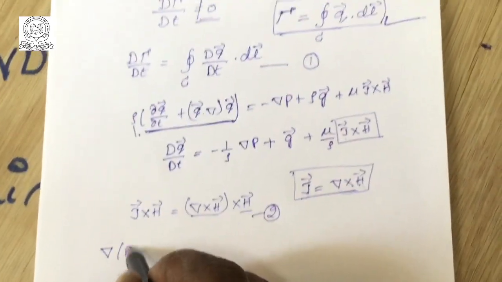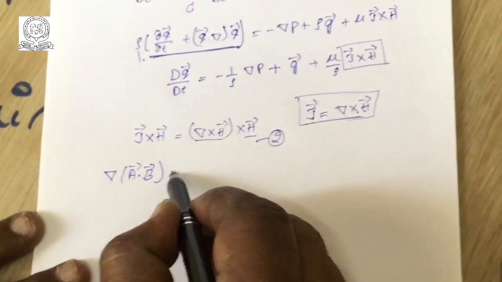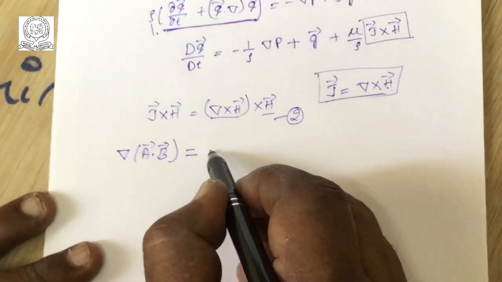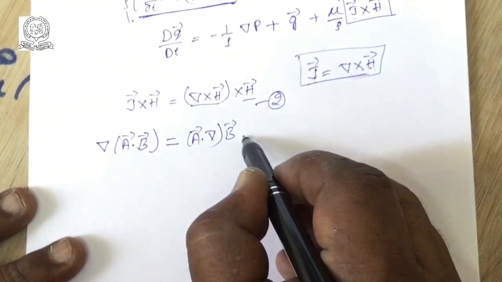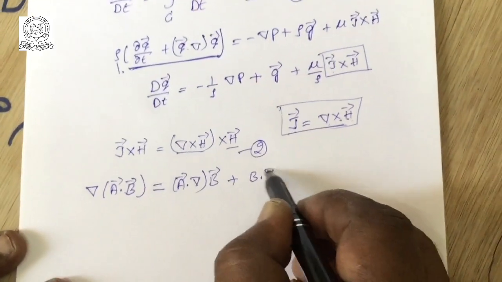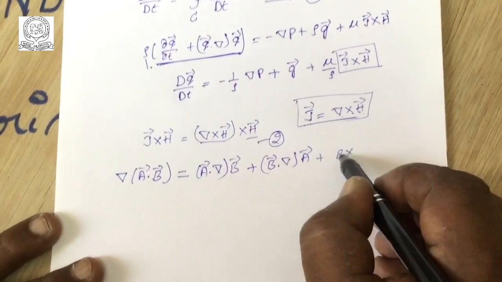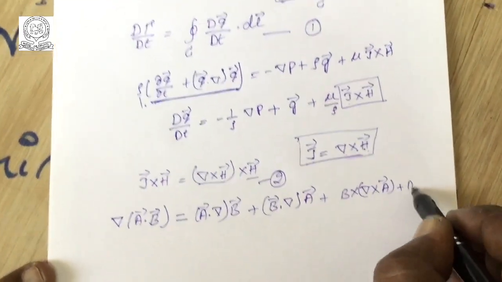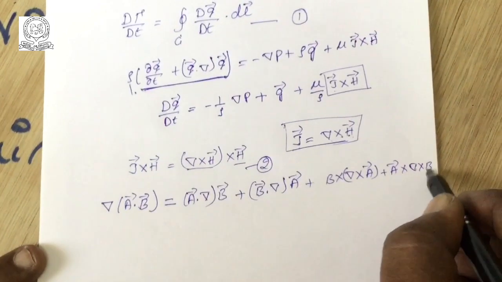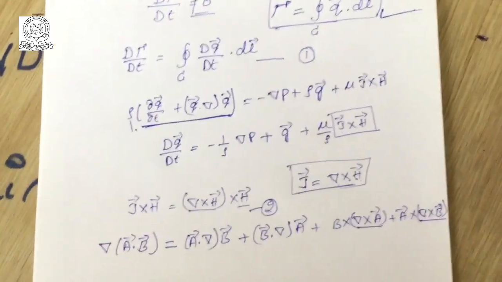Now you know one of the vector identities, that is the gradient of the dot product of two vectors, is equal to A dot del of B plus B dot del of A plus B cross del cross A plus A cross del cross B, curl of A, curl of B. So this is the vector identity you know.